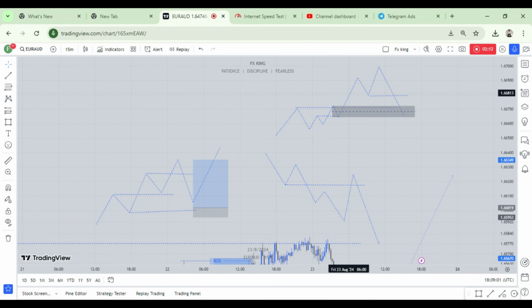Same as maybe this order flow might have been mitigated and the one below is not mitigated. Here you can look to take your entry from. This is how you can refine order flows. So you can refine this order flow and take your entries from here.